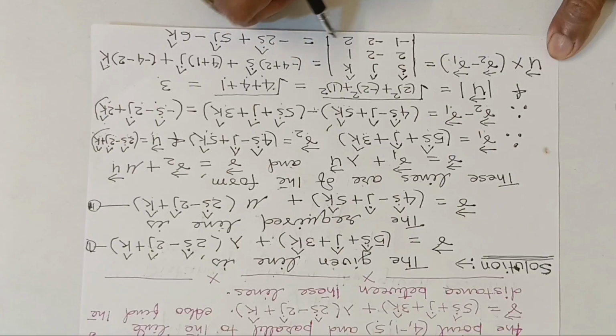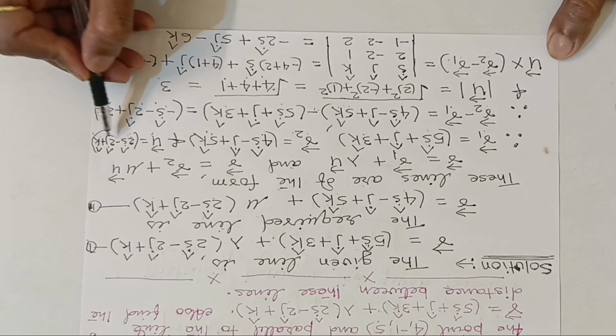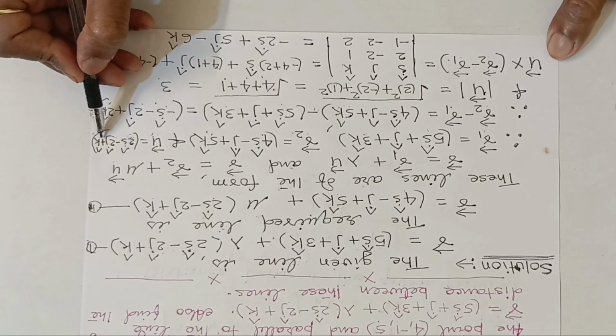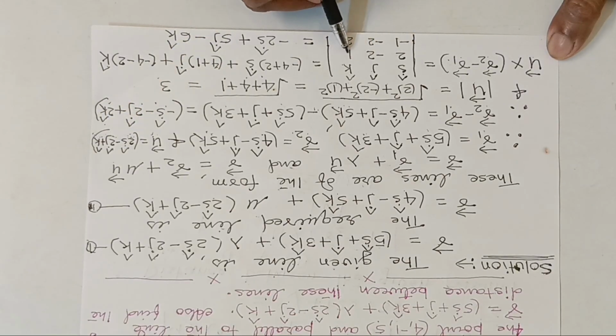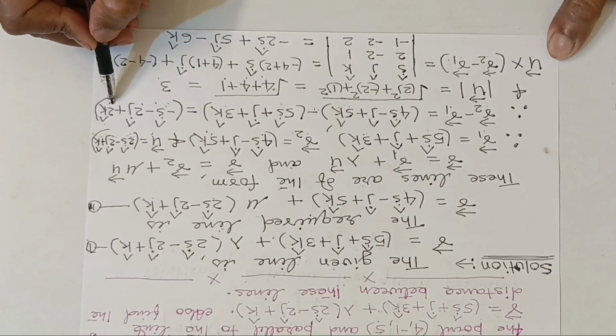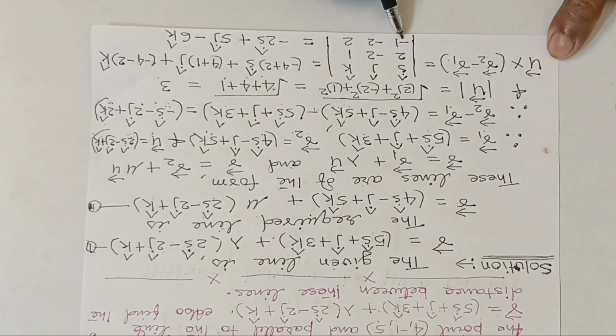The determinant with rows i, j, k; 2, minus 2, 1, taking the coefficients of u; and minus 1, minus 2, 2, taking the coefficients of r2 minus r1.